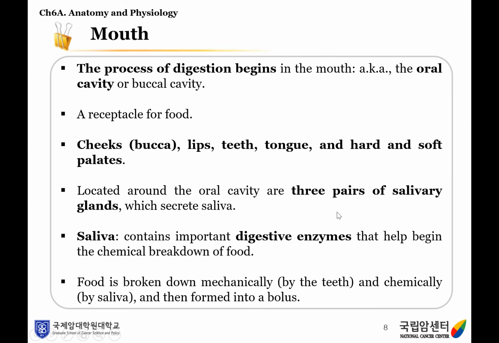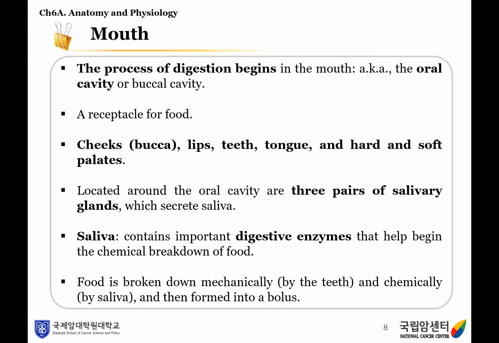Okay, now let's start with the mouth. The process of digestion begins in the mouth, also known as the oral cavity or buccal cavity. The mouth is a receptacle for food. There are several parts: cheeks, lips, teeth, tongue, and hard and soft palate.